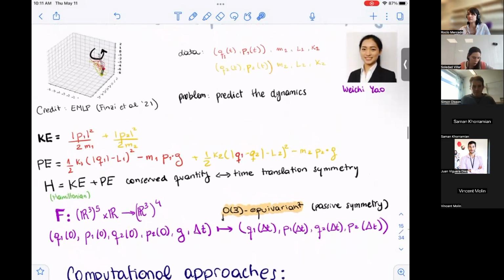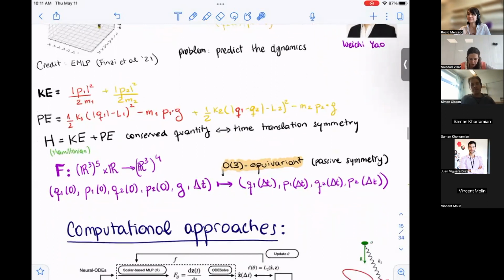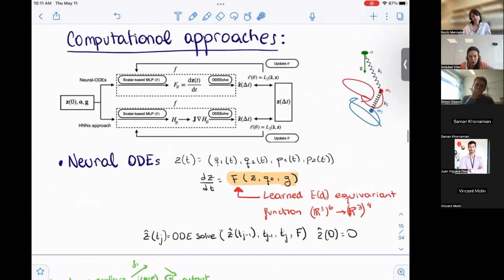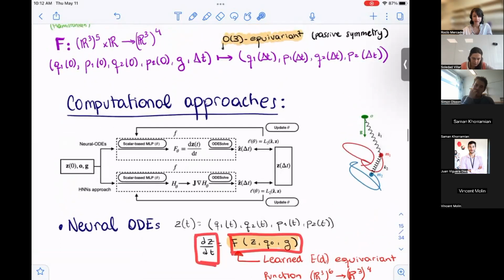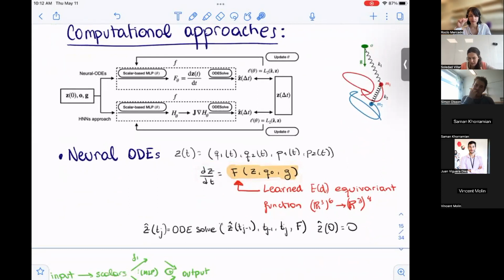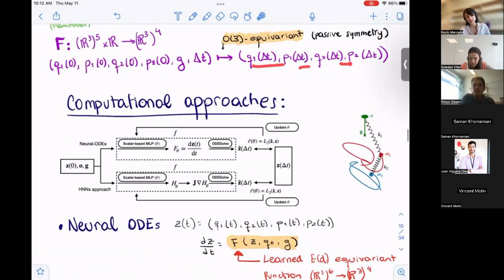And then how do you learn the dynamics? Well, we can write two computational approaches. One just learns a differential equation using a neural ODE, and basically learns a function which is the derivative with respect to time of the thing that you want to learn. This is going to be an equivariant vector function, R3 to the 4, because you want to learn 4 things.